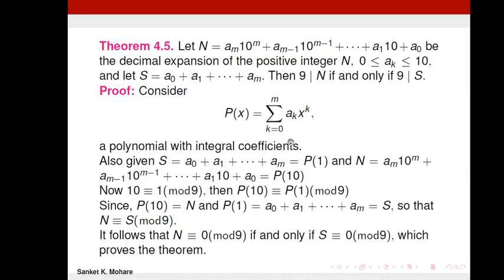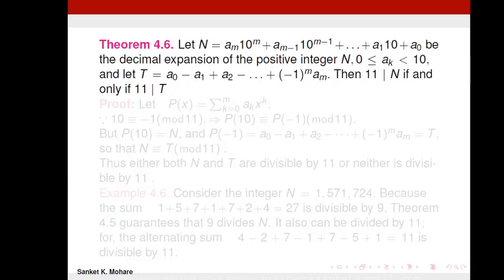We also say this as divisibility test of 9. Now next, theorem 4.6. Let n = a_m 10^m + a_{m-1} 10^{m-1} + and so on + a_1 10 + a_0 be the decimal expansion of the positive integer n, where 0 ≤ a_k < 10, and let t = a_0 - a_1 + a_2 - a_3 + and so on + (-1)^m a_m, the alternating sum.